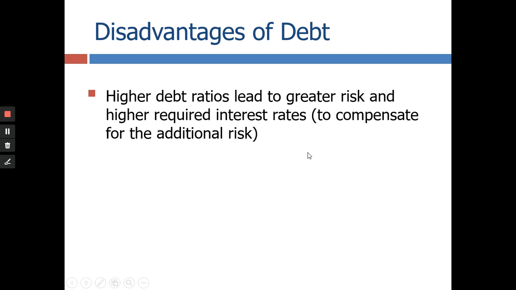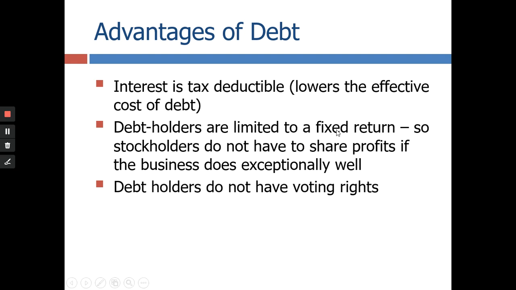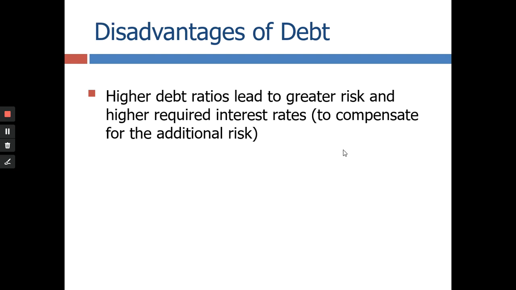As we mentioned earlier, if you look at the second advantage, debt holders are limited to a fixed return, which means if the company performs well, you still pay the same interest, right? But the other way around, if the company does not perform well, if the company is making a loss, will they pay less interest, or will they ask the bank, since the company is making a loss, can I pay next year?